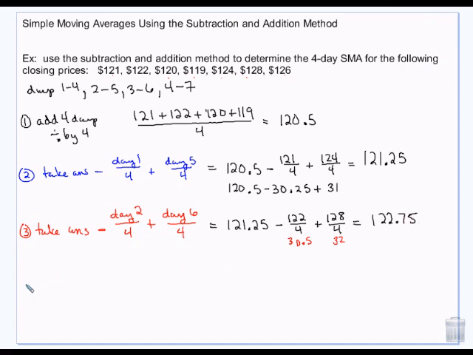And then fourth one, we're going to take the answer and we're going to subtract day 3 divided by 4, and we're going to add day 7 divided by 4. And the reason you're thinking, why on earth would we do this? This is more complicated. The reason we do this is because it's less adding, I guess.